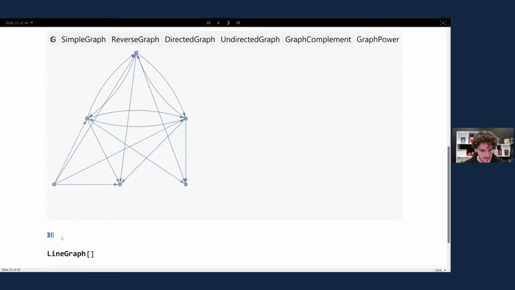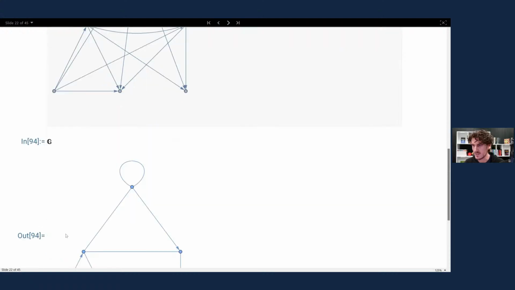I picked the wrong one, but here we go. So here is our graph. And here is how to get this nice typesetting.